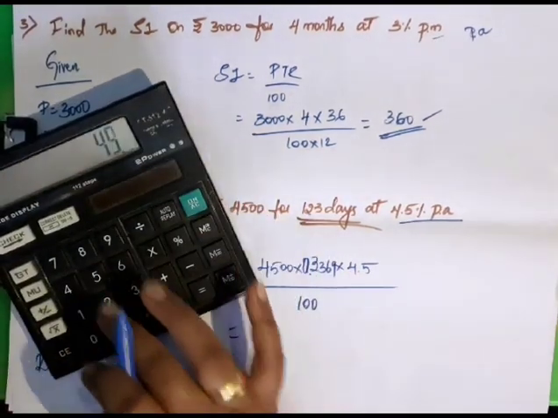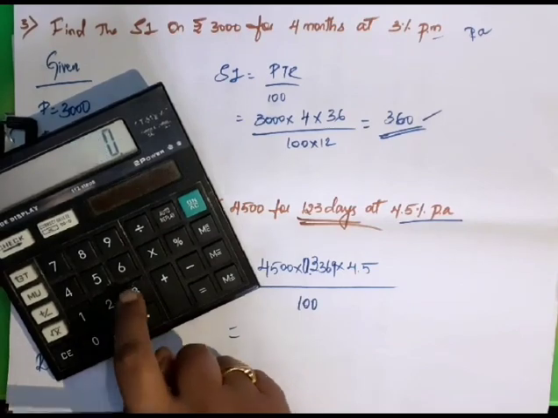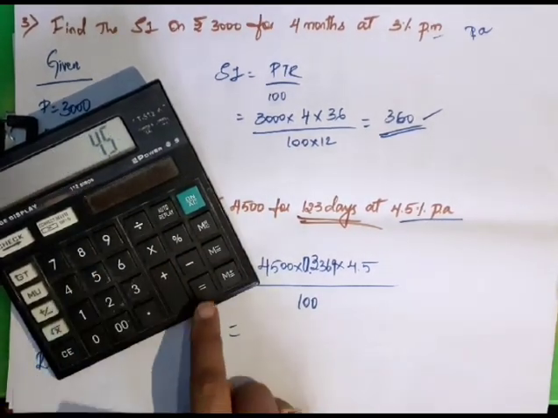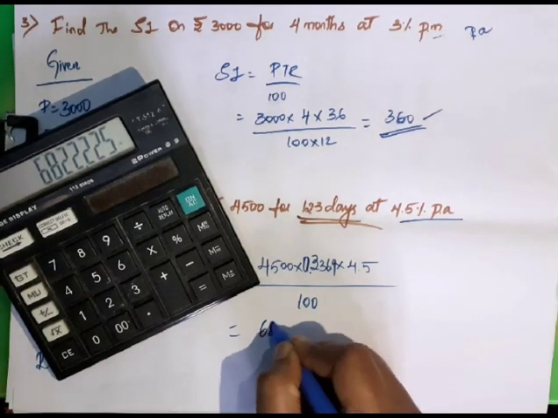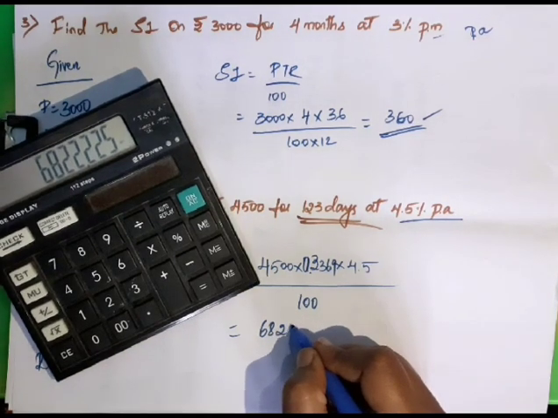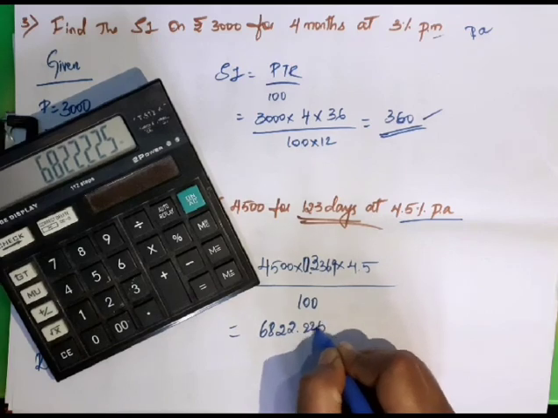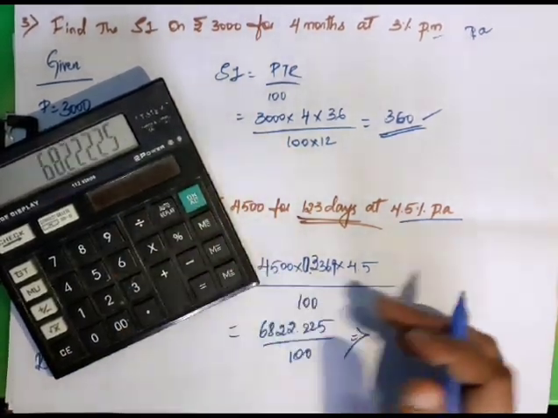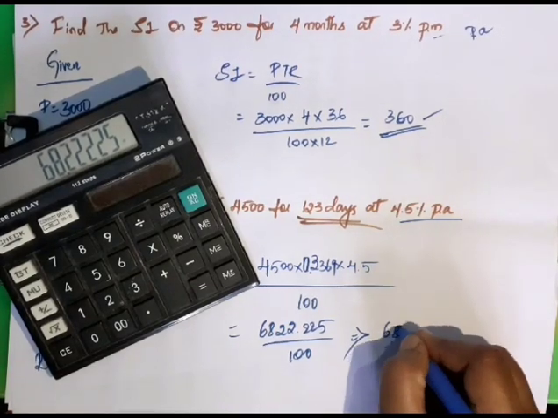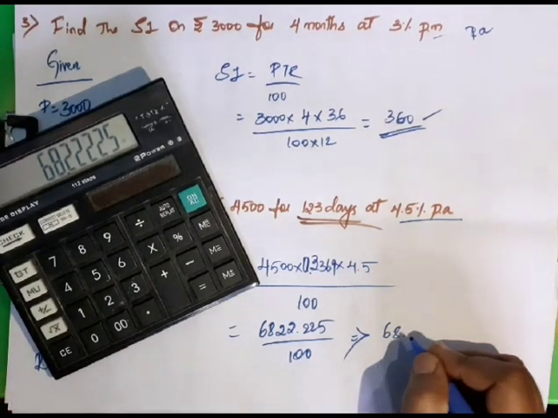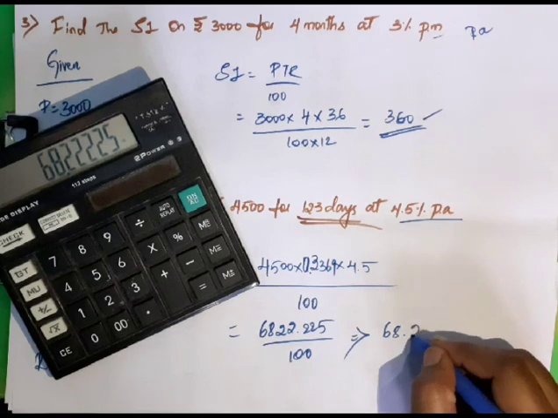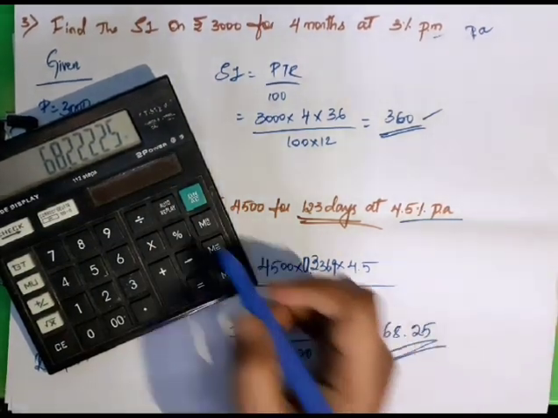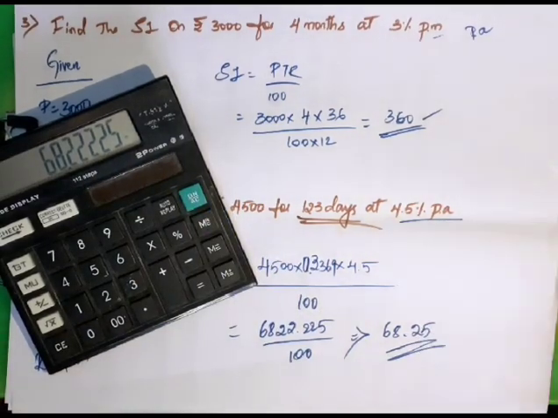See, 4500 into 0.3369 into 4.5, you will get 6822.225 divided by 100. So you will get 68.25, or you can take 4 digits after the decimal.